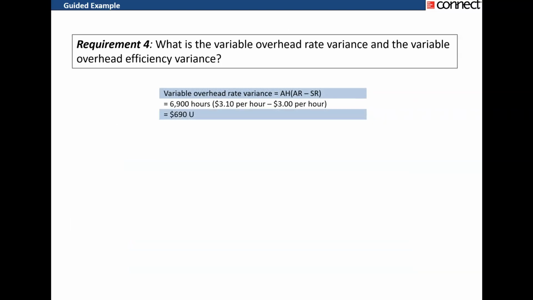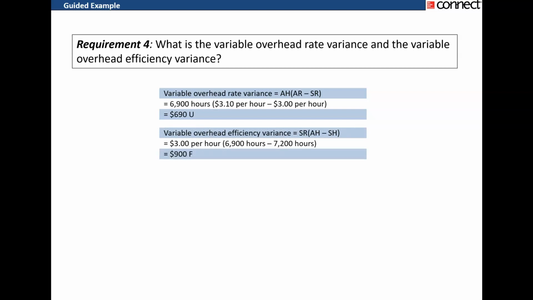The overhead rate variance: the $3.10, which was the actual rate, minus the $3, which was the standard rate that they calculated, is 10 cents. Multiply that by the actual hours used, and you have an unfavorable variance of $690.